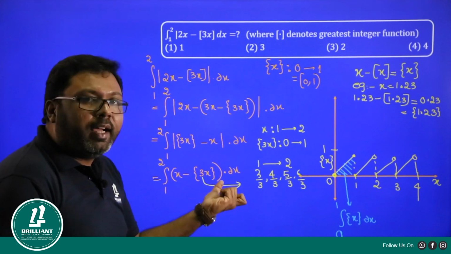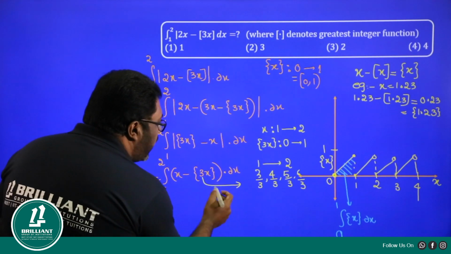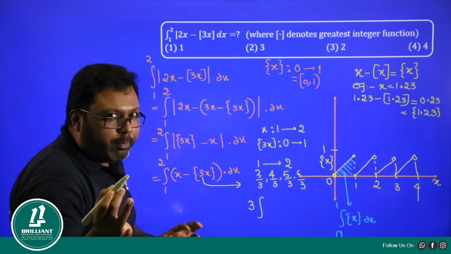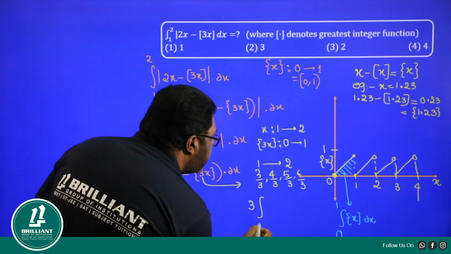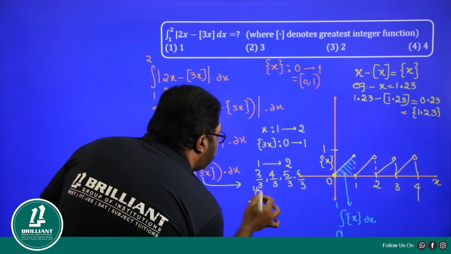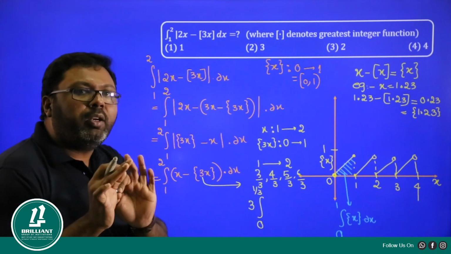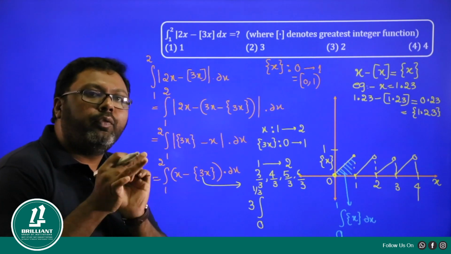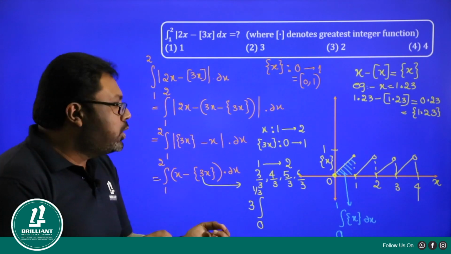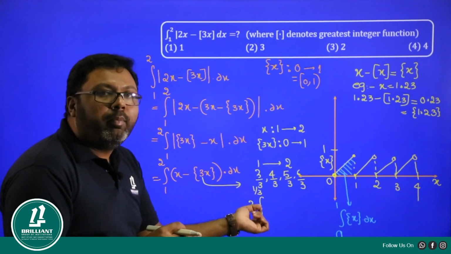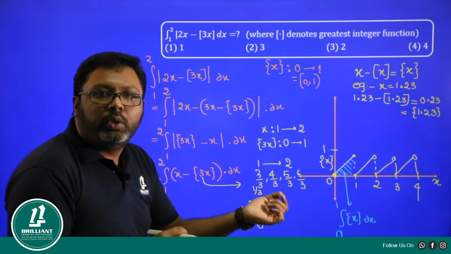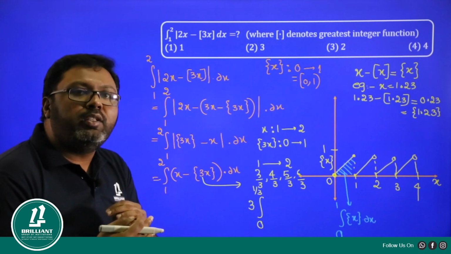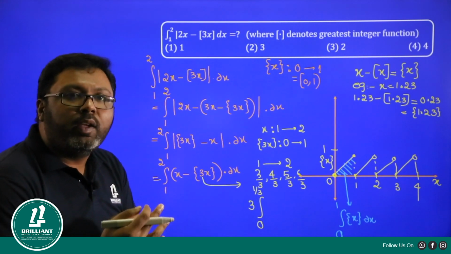So I will say that this integral can be represented as 3 times, learn it please, 3 times integral 0 to 1 by 3, because whatever be the number 3x, the fractional part of 3x is always from 0 to 1. So actually I am dividing it from 0 to 1, not 1 to 2. Fractional part will never range from 1 to 2. The value will always range from 0 to 1.